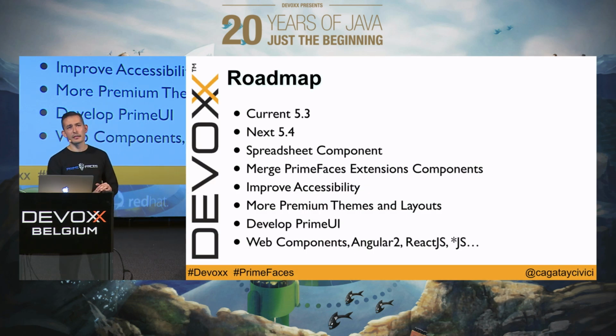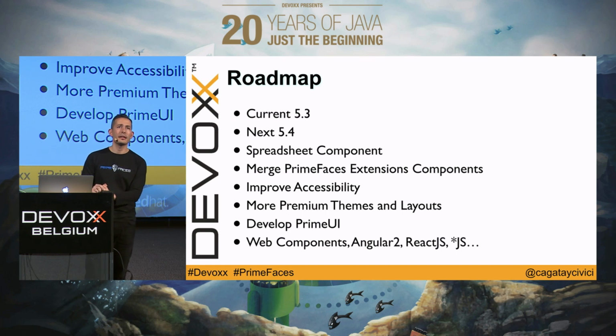Improved accessibility is one thing. More premium themes and layouts are coming, like Titan, and we need to find cool names for them. We will keep pushing PrimeUI for the next release, with new widgets for jQuery UI users.